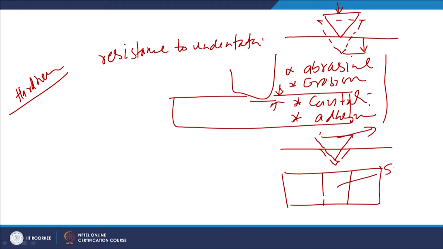So, such abrasive groove or scratch formation will lead to the removal of the material by abrasion, or under the adhesive wear conditions it will be in the form of a 3 body abrasive mark or 3 body abrasive wear kind of situation.